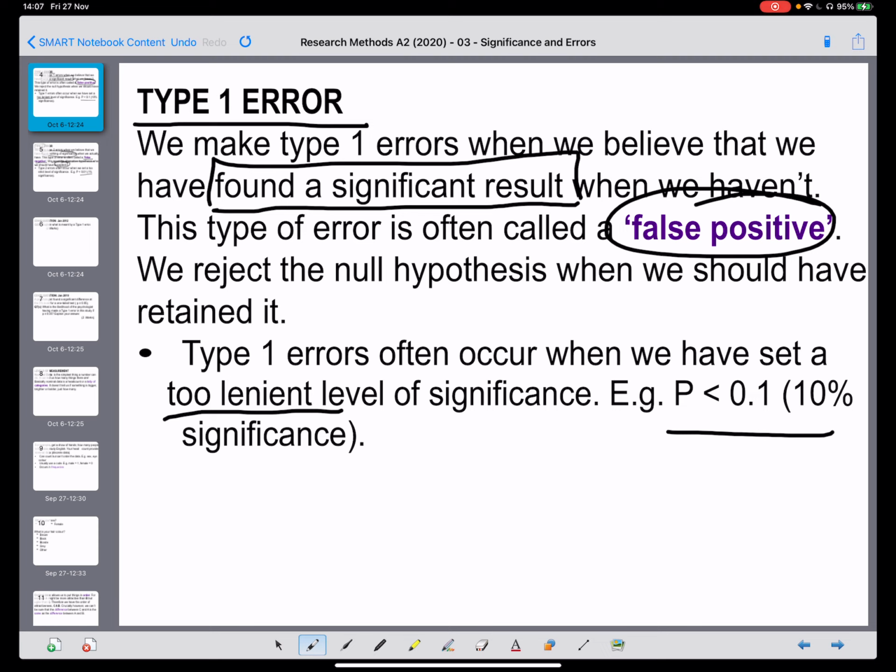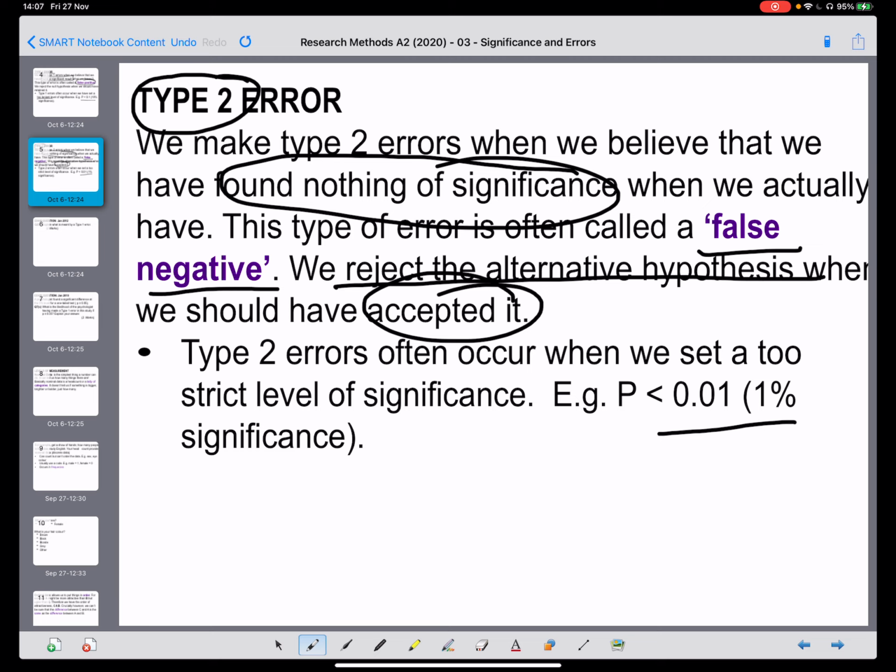I'm likely to choose some people who are pretty rubbish and not make a good team. Equally, if I say only people who have played at county level are allowed to play, I might dismiss somebody who is very talented but hasn't played at county level. Those are the type 1 and type 2 errors that we have.